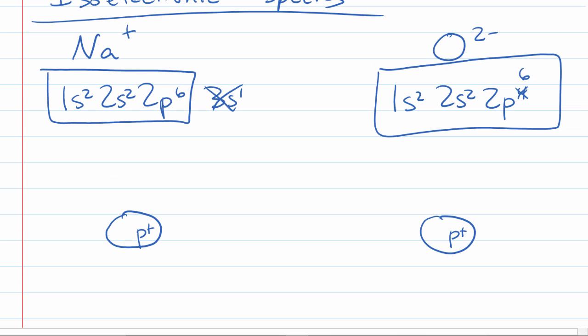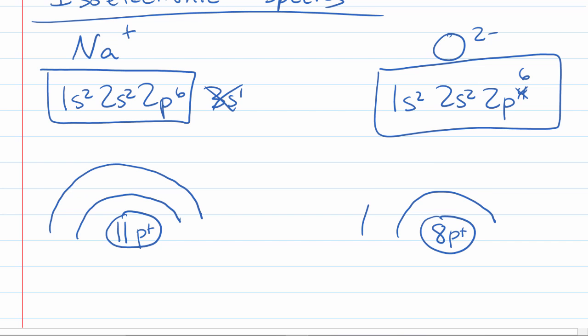So how many protons will be in the nucleus of a sodium ion? And how about in an oxide ion? It's going to be 8. Okay, so now we start tracing those electrons out here. We have the first energy level, we've got the second energy level. First energy level, second energy level.